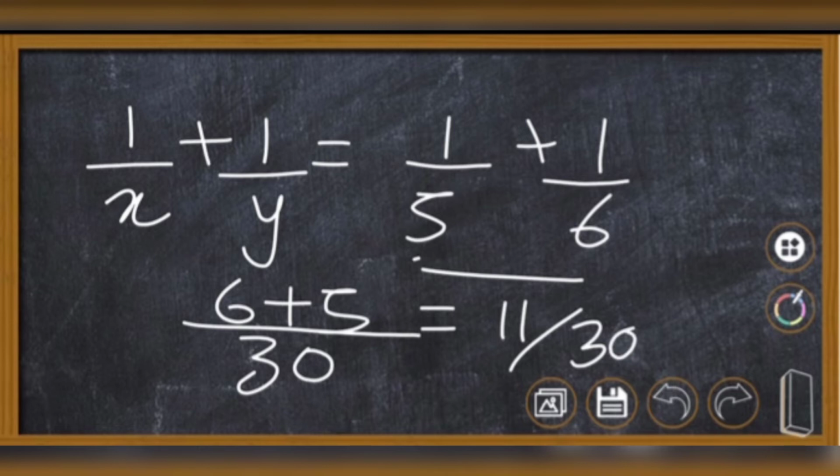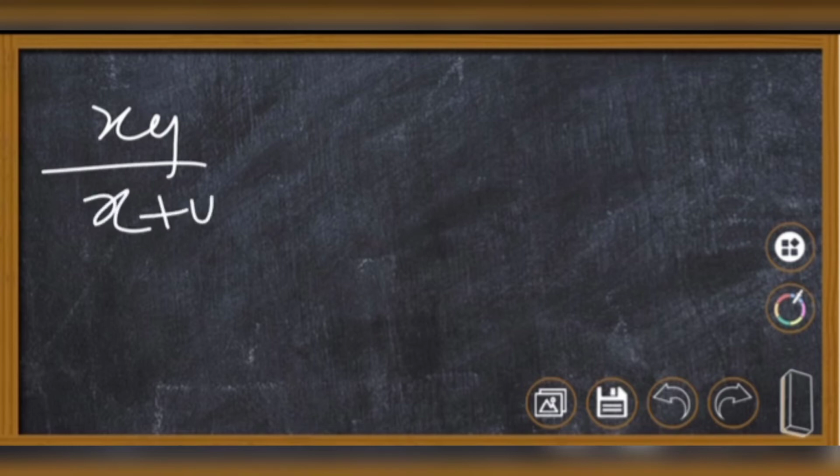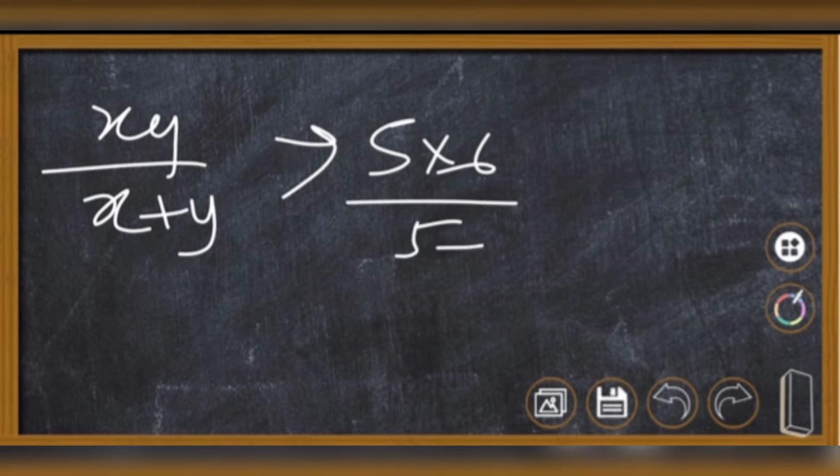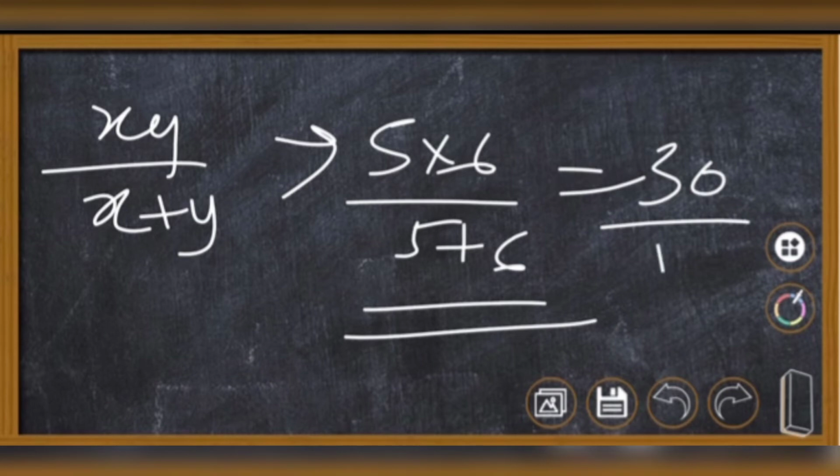This is 1 day's work, 11 by 30th of the work will be done in 1 day. So what will be the time needed for the whole work? It will be the reciprocal. So 5 into 6 divided by 5 plus 6, that is 30 by 11.